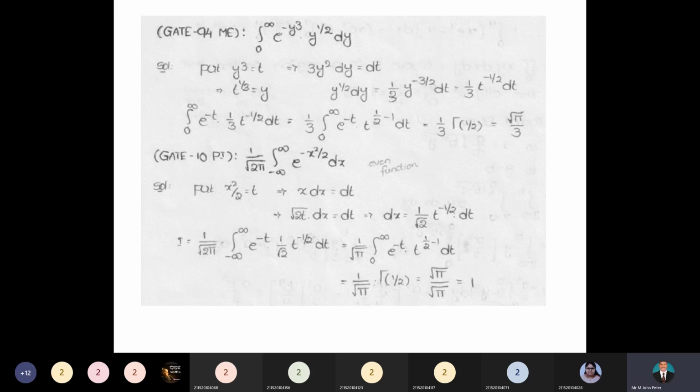Substitution for y power 1 by 2 dy: replace y by t power 1 by 3, since y cube is t.